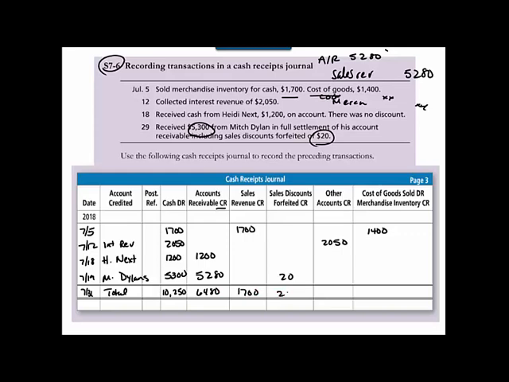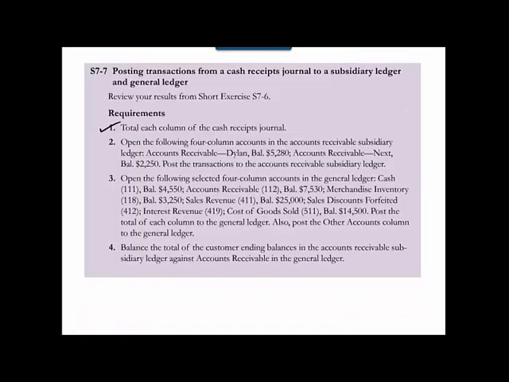Sales discounts forfeited was 20. The total in the other was just that one transaction. And then the total debit to cost of goods sold and total credit to merchandise inventory was $1,400. That's a little hard to read right there. 2050. And so that takes care of this one.